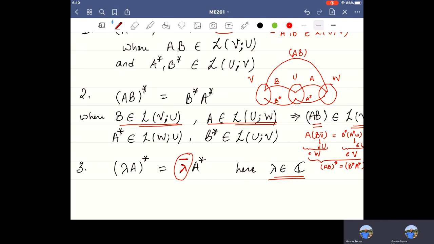This essentially comes from the inner product definition, the complex commutativity property of inner products. That's where it comes from. So this you'll remember for complex vector spaces. For real vector spaces, of course, it doesn't matter. You take the transpose, you get lambda A transpose. That's what you get for real vector spaces.